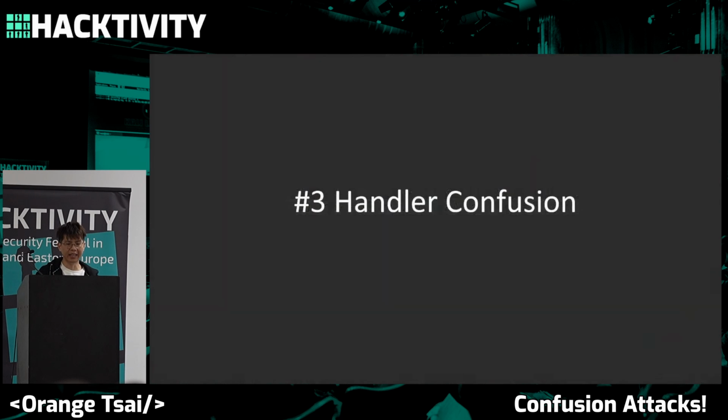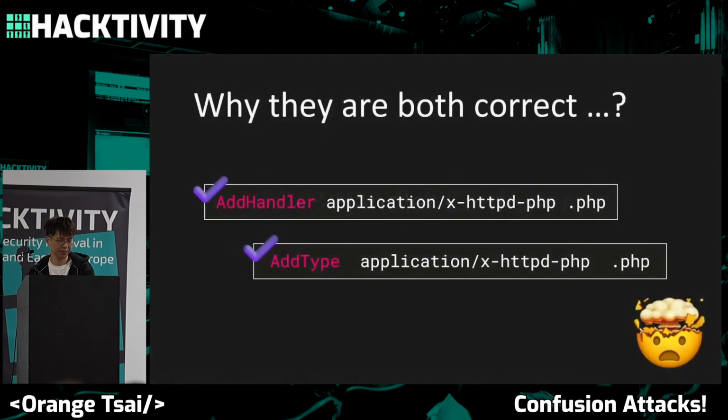Okay, the last attack I'm going to introduce is the confusion based on the handler. So back to our first question. Why can both directives, one for adding a handler and one for adding a content type, get PHP running properly?